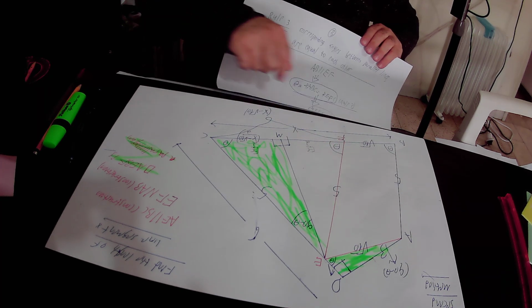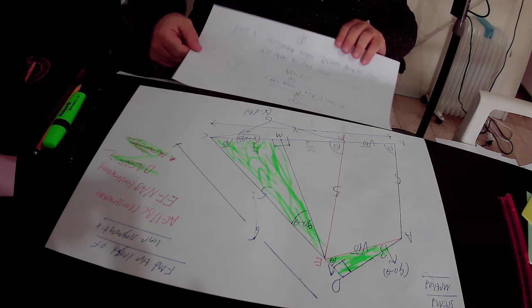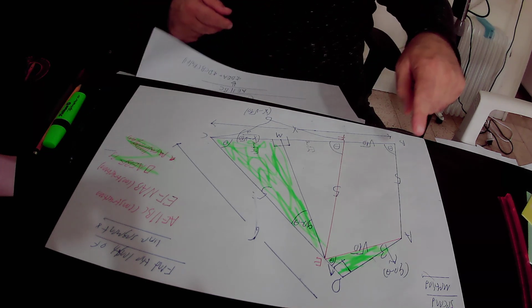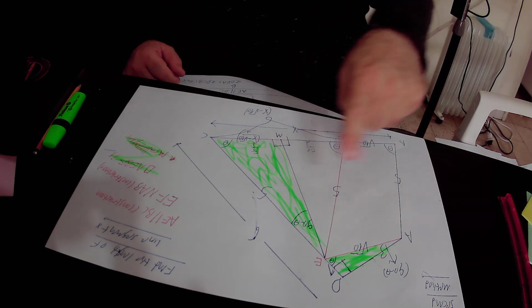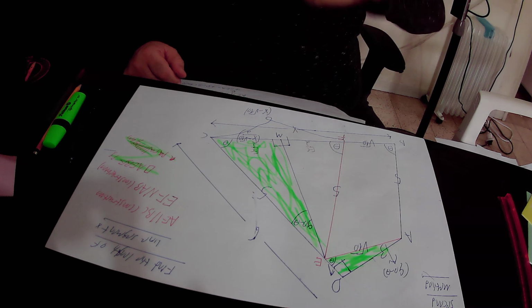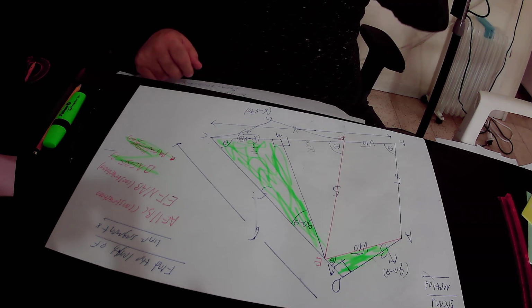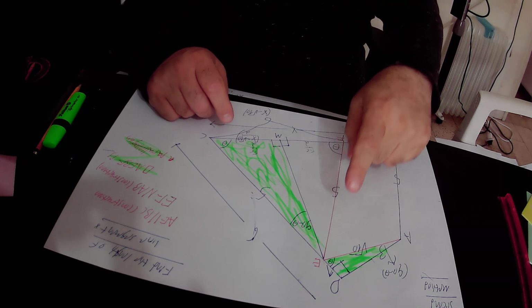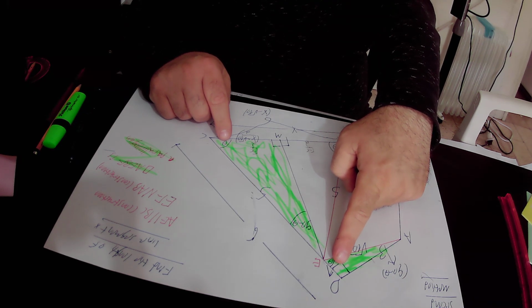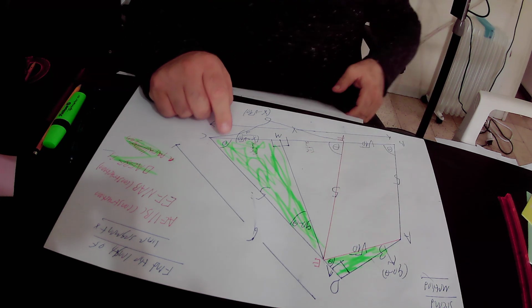Likewise, according to our construction, AE is parallel to BC. Therefore, those two angles that are defined as corresponding angles must be equal to each other.